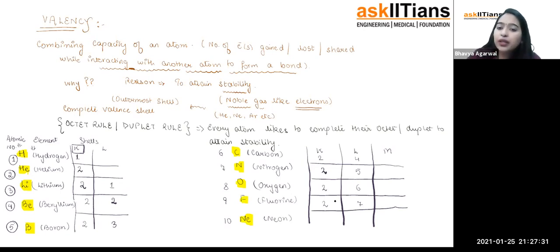Now in neon, 2 electrons are given to the first shell, that is K shell. Remaining electrons are 8, and all 8 can come in the L subshell, right?